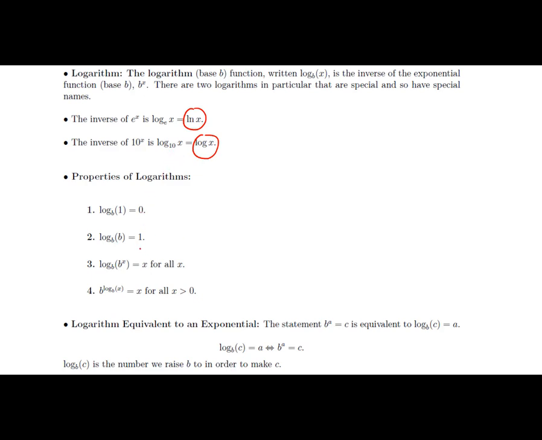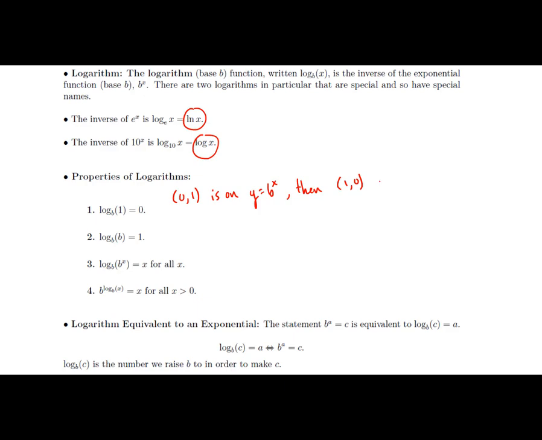Now, there are a few properties of logarithms we should be aware of. First of all, the log base b of 1 is equal to 0. And remember that the reason that is, is because if 0, 1 is on y equals b to the x, then the flip of that, 1, 0, would have to be on the inverse, right?